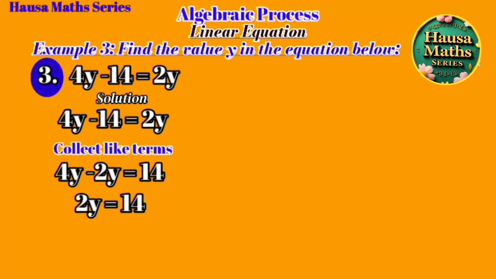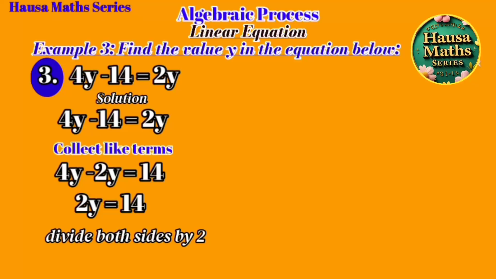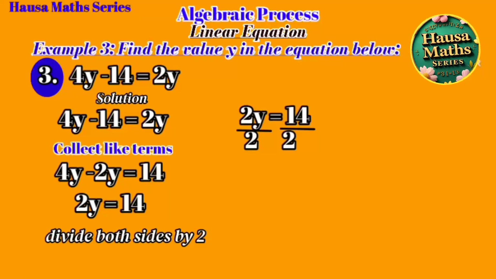Now 2y is equal to 14, we are going to divide both sides by 2. 2 cancels 2, and 14 divided by 2 is equal to 7. So the value of y is equal to 7.